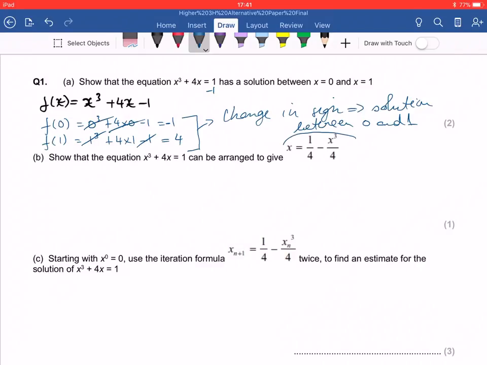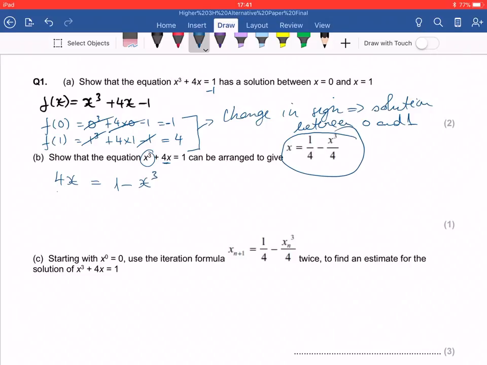Okay, I want to show that the equation x cubed plus 4x equals 1 can be rearranged to give me all this. So I notice I'm preserving my x cubed. That means it's not going to be that tricky. I just have to isolate the x. So I'm going to start by taking away x cubed on both sides. So I'm left with 4x equals 1 minus x cubed.